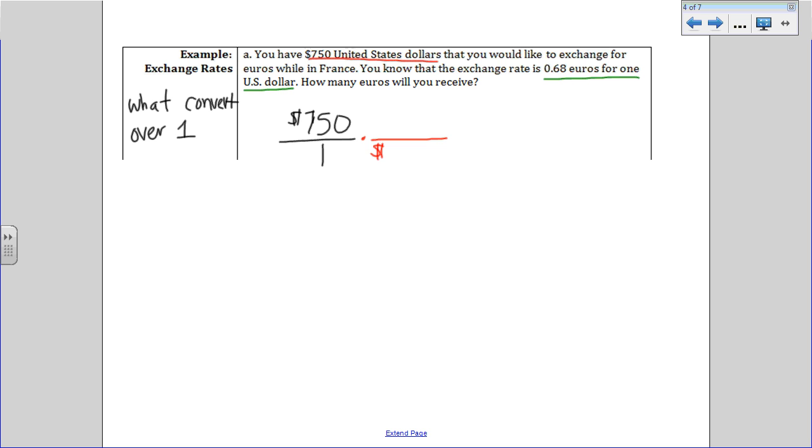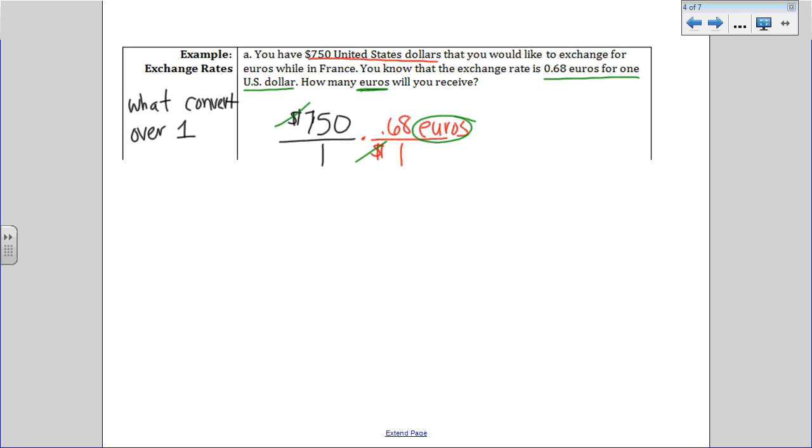So let's take a look. It says 0.68 euros. So the euros is going to go in the numerator, and that's 0.68 for 1 US dollar. Fortunately, this is a unit rate. Sometimes it could be comparing it to $2 or $3, but we know it's 0.68 euros for $1. So our dollars are going to cancel, which is what we want. We want to have euros being the only units because that's what they asked me to find. Now what am I going to do? I'm going to do exactly what the fraction says.